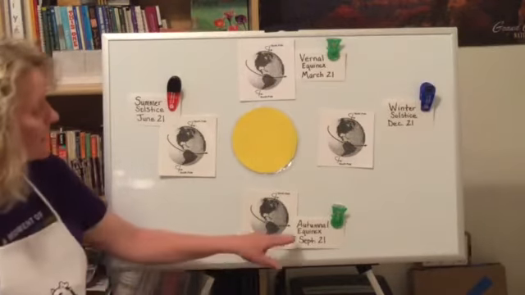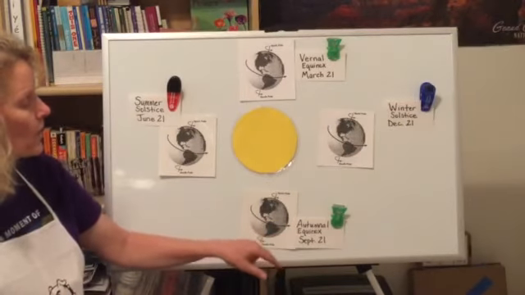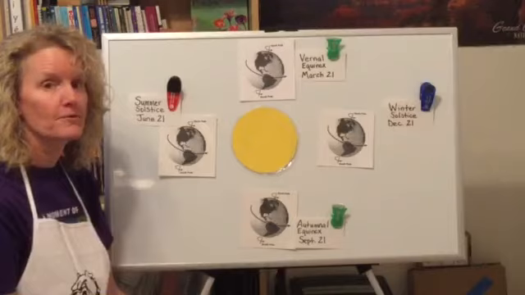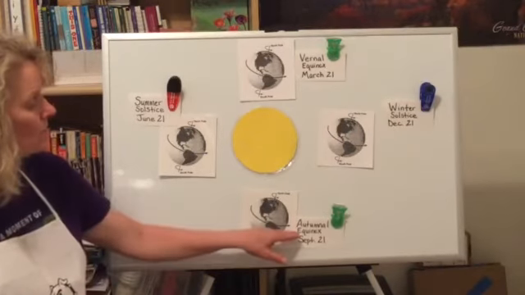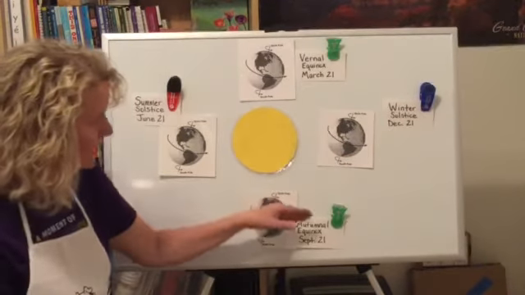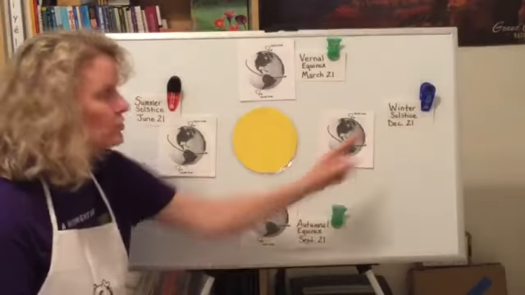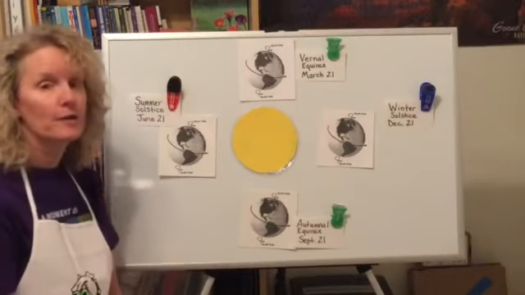Okay? But we're getting closer to the autumnal equinox where we have 12 hours of daylight and then 12 hours of nighttime. It's equal day, equal night. Okay, and then we're starting to work our way towards shorter daylight hours in the winter solstice and longer nighttime hours.